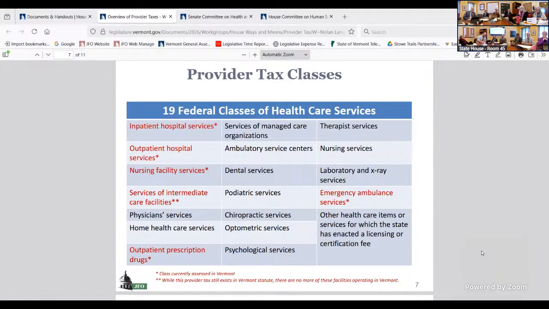We have no facilities left that are licensed as intermediate care facilities for individuals with developmental disabilities, and that is no longer how we do licensure for those types of services. We have one for outpatient prescription drugs, and then we also have one for emergency medical services.